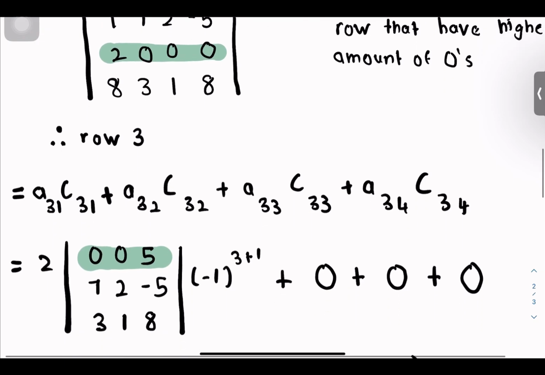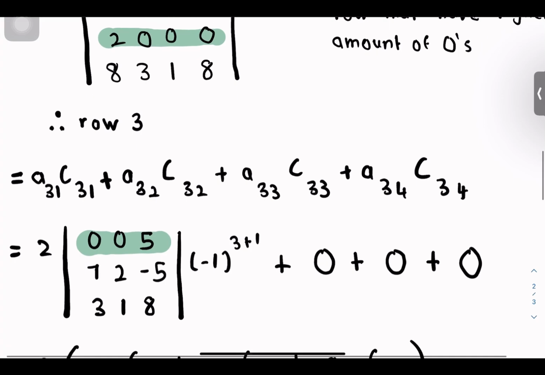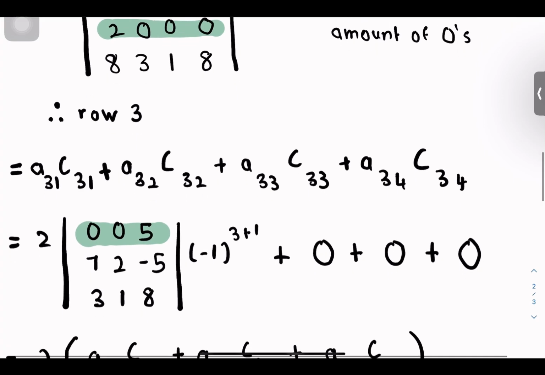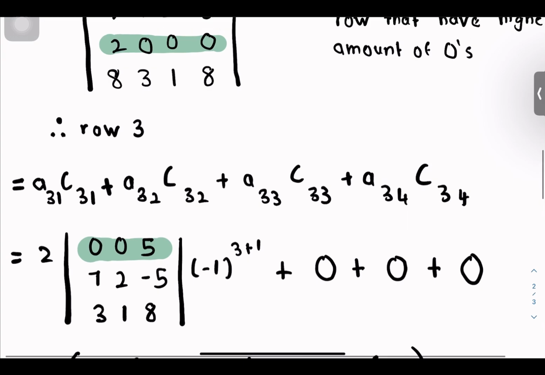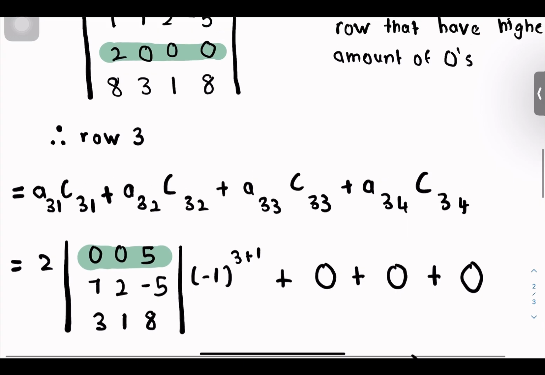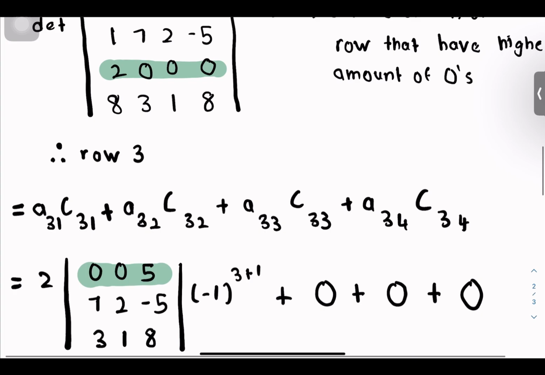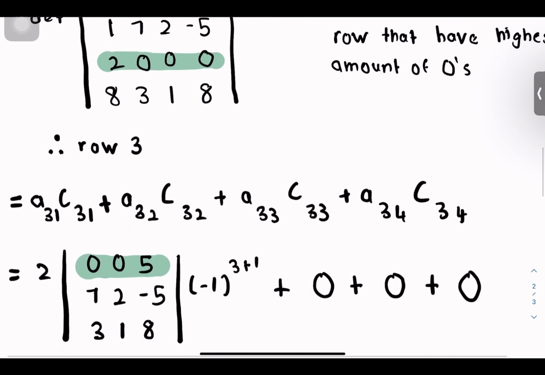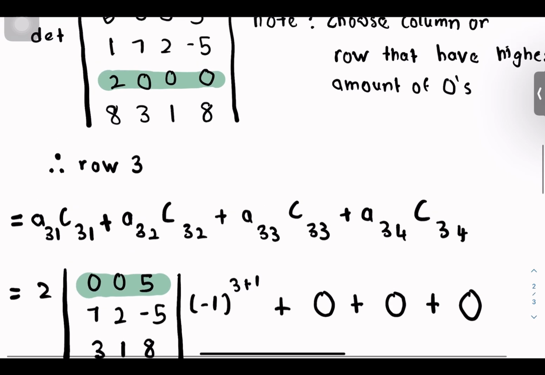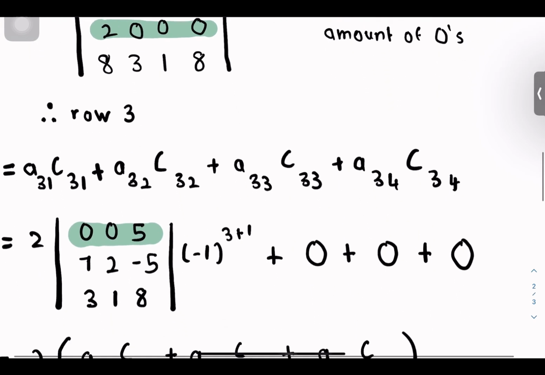So we plug them into the formula. For A31, which is row 3 column 1, we get 2 times the determinant 0 0 5, 7 2 -5, 3 1 8.